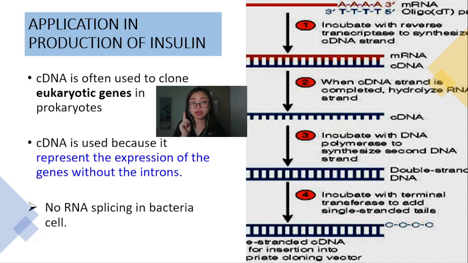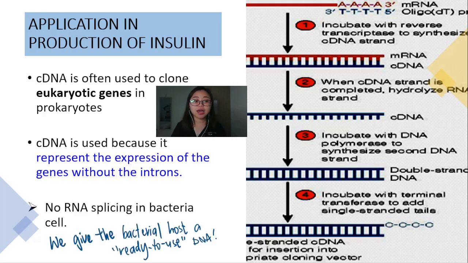Okay, kalau kamu bagi gene yang biasa, bacteria tidak tahu mau potong di mana. Jadi, apa cara dia? Kita bagi bacteria DNA yang sedia untuk diguna. We give the bacterial host a ready-to-use DNA, which is cDNA. Kita potong sedia bahagian intron itu, bagi dia exon sahaja. Bila bakteria itu dapat, dia boleh terus translate.